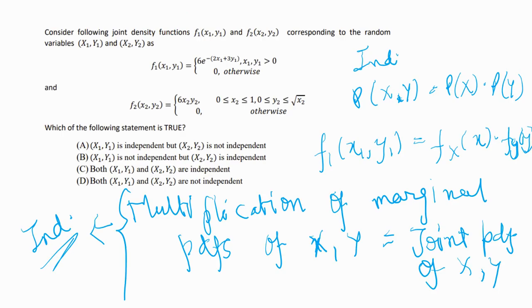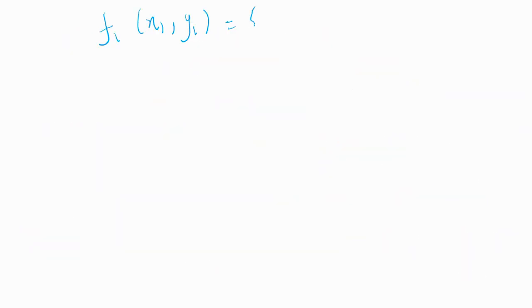Firstly, we have f1 of x1, y1, and it is equal to 6 e to the power minus (2x1 plus 3y1), with the limit x1, y1 greater than 0.